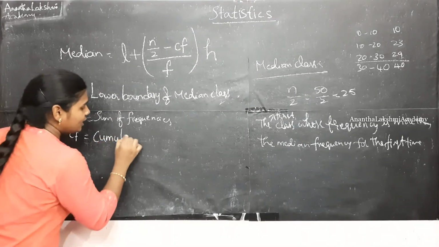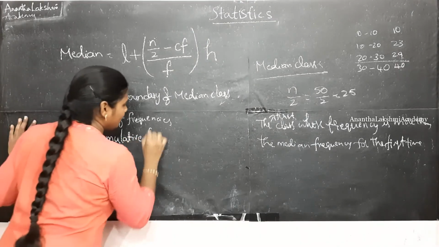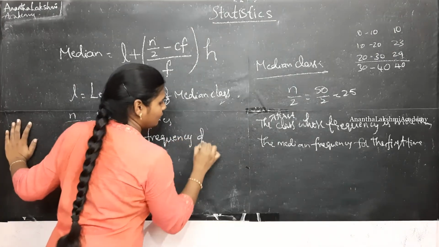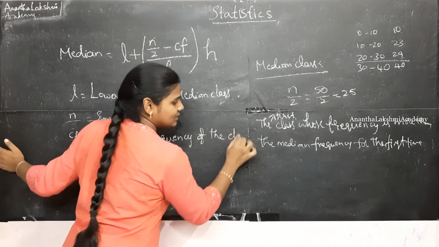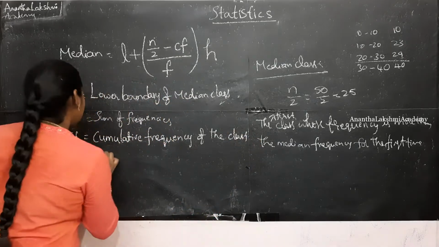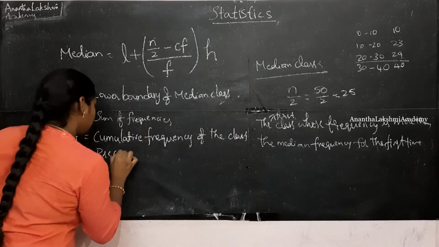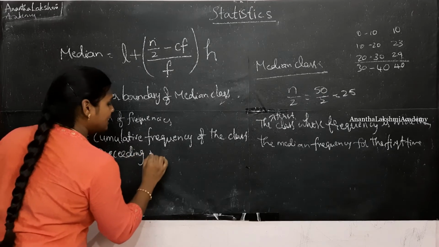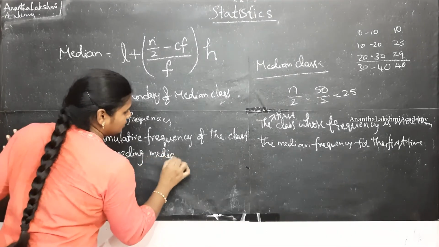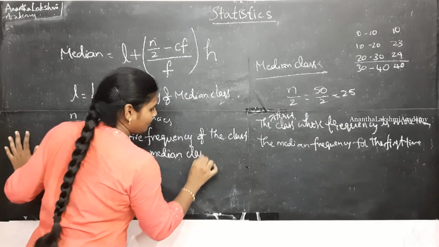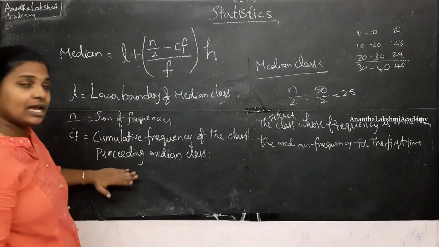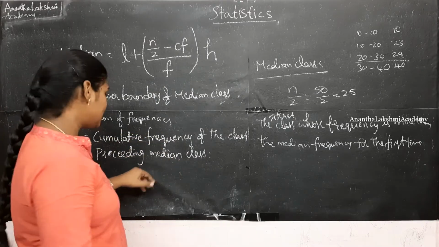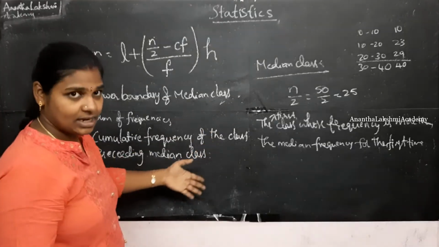Instead, this is the cumulative frequency of the class preceding the median class. Here is where most of the people make mistake. This is the cumulative frequency of the class whose frequency is preceding the median class frequency.